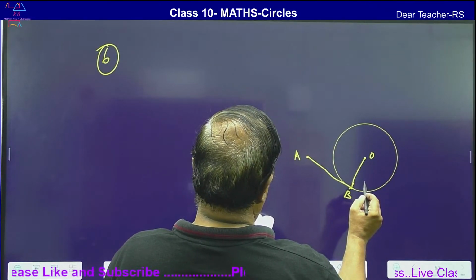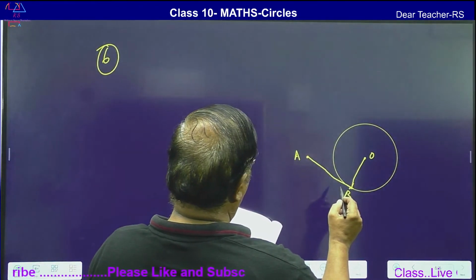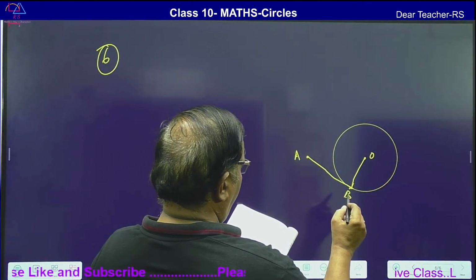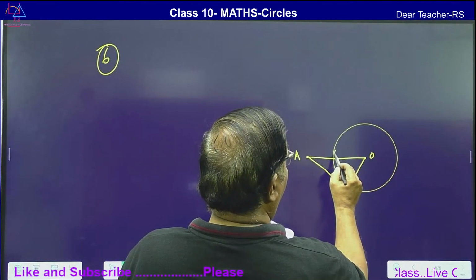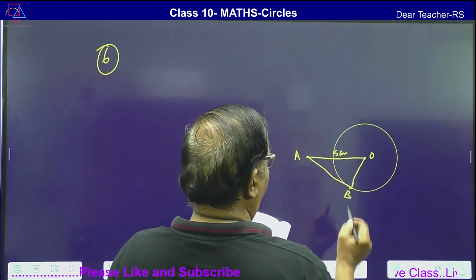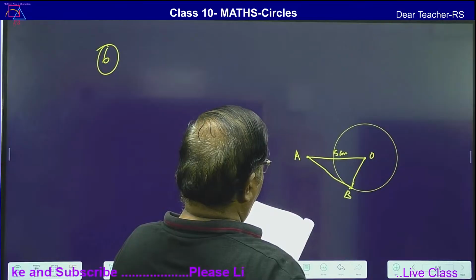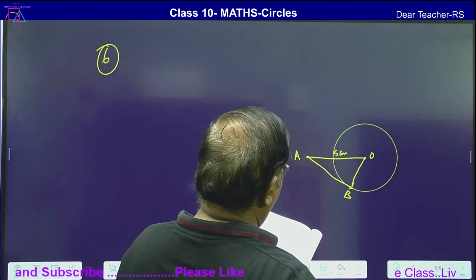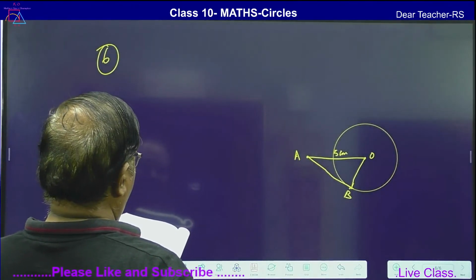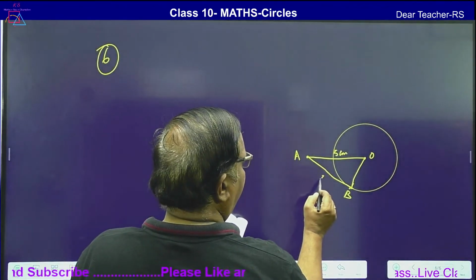Length of the tangent from a point A at a distance 5 centimeters from the center, OA is 5 centimeters, and the length of the tangent is 4 centimeters.